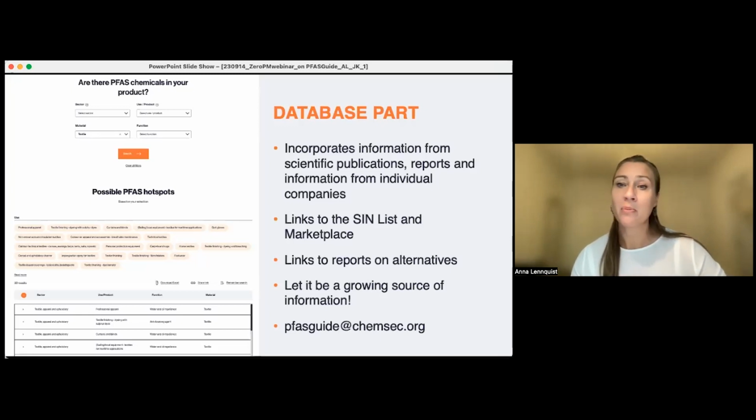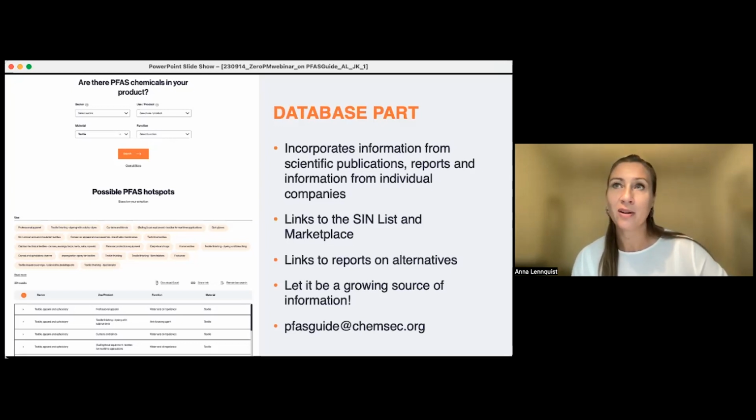Also, the reports that we mentioned on the sector section hold information on uses of PFAS. We have also received information from companies that have done mapping exercises and have done their own Excel sheets of where they have found PFAS. We have included that. And we also would very much like to see this database growing.